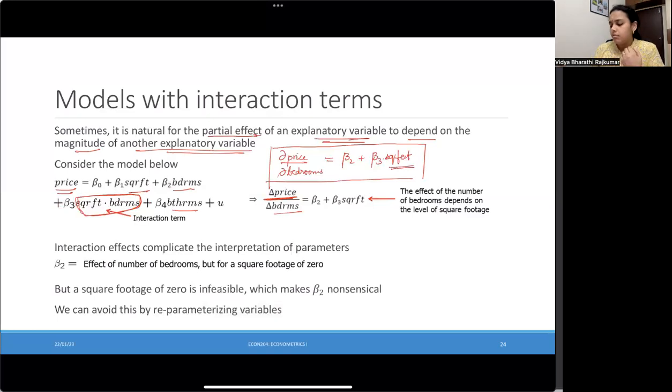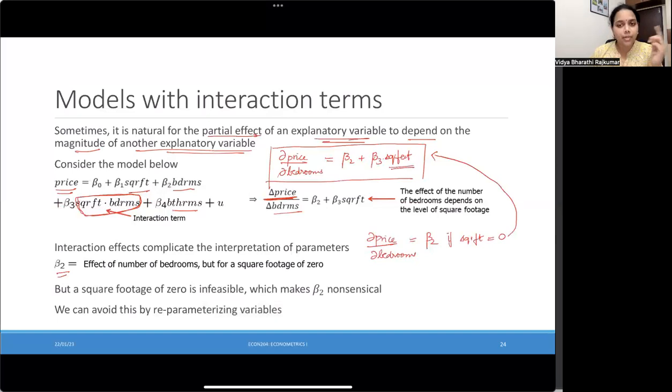If you have dou price by dou bedrooms, that's just going to be equal to beta 2 if square foot is 0. So if I plug square foot equals 0 here, change in price by change in bedrooms is just going to be equal to beta 2. Meaning, beta 2 gives us the effect of an extra bedroom when the square footage is 0.